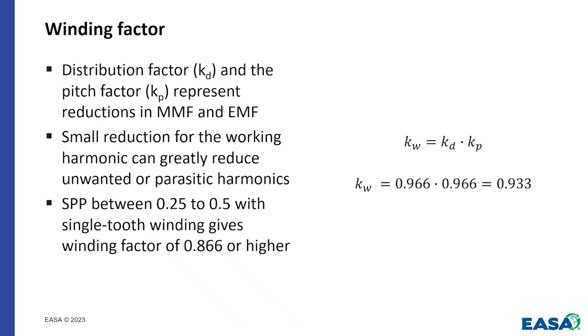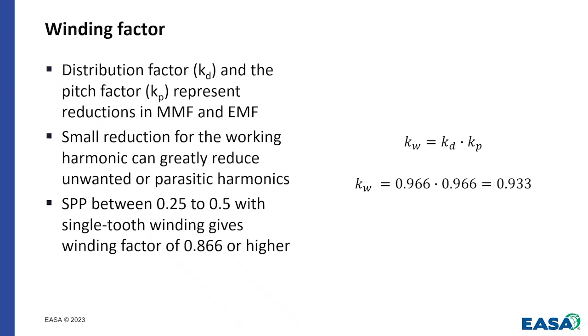The distribution factor and the pitch factor that we've calculated here were based on that fifth harmonic, so that 10-pole winding. I was saying that the actual field is composed of lots of harmonics. So you can actually calculate the pitch factor for this winding for a number of different harmonics.